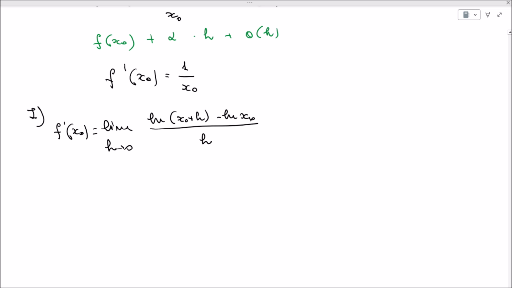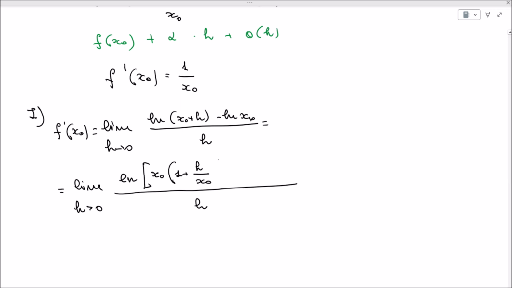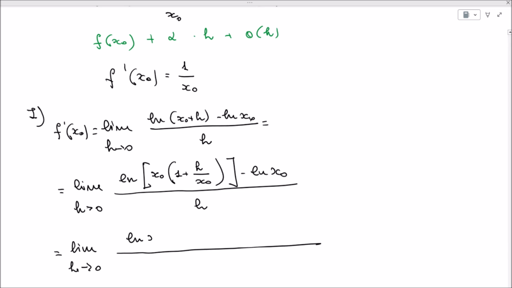And this is equal to, by doing the same factorization, the limit as h goes to 0 of the logarithm of x naught times 1 plus h divided by x naught, minus the logarithm of x naught, which equals the limit as h goes to 0 of the logarithm of x naught plus the logarithm of 1 plus h divided by x naught, minus the logarithm of x naught, all divided by h.